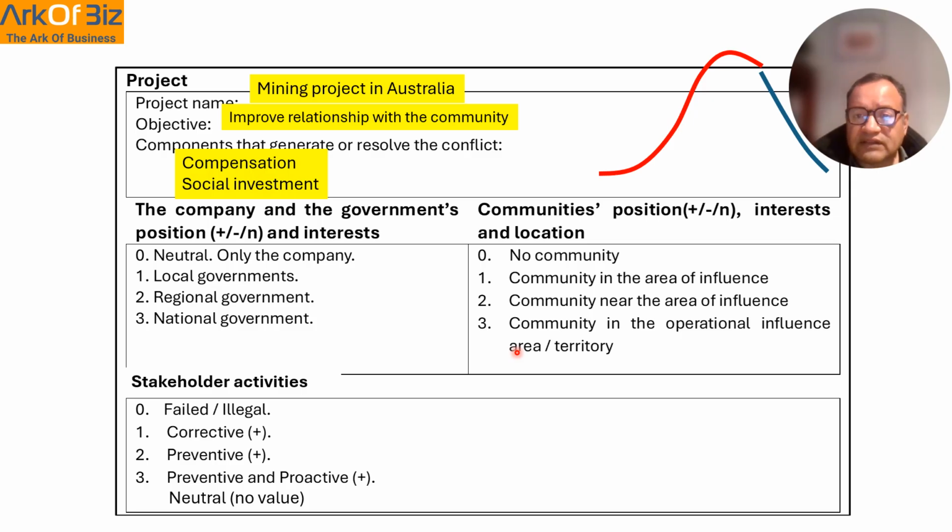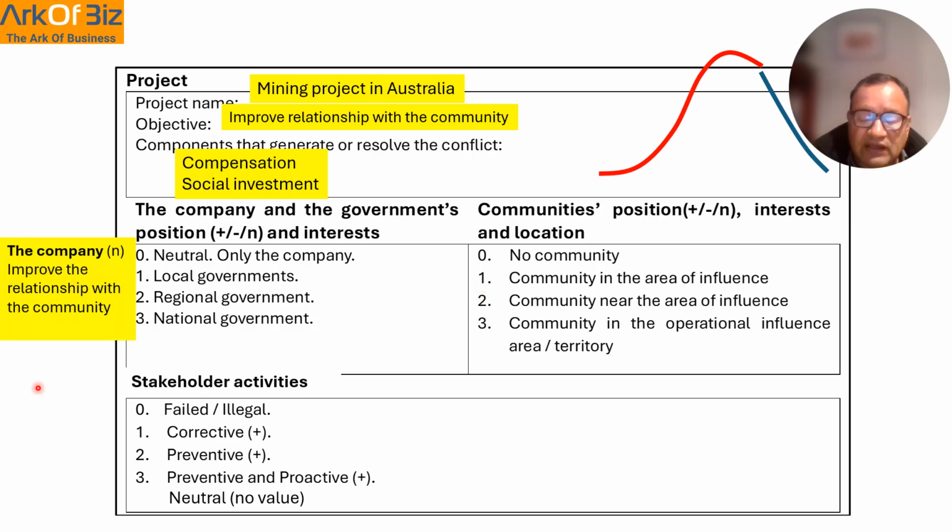Because remember that this is a different moment in the conflict. Some stakeholders continue to be relevant, some step out of the process, and new ones can be identified. According to the information given, in this case, we have the same stakeholders as we had in the conflict escalation stage.